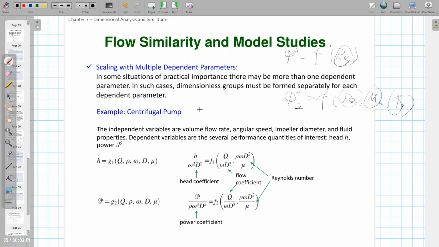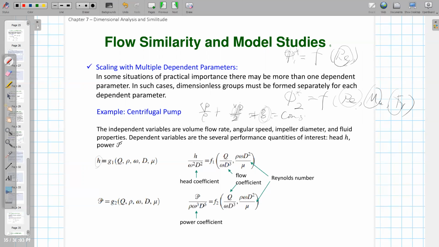Remember that the Bernoulli equation is p over rho plus v squared over 2 plus z equals a constant. So basically you will see that if the velocity is the same, the pressure difference P1 minus P2 can be characterized by Z1 minus Z2. So we can use this length to characterize the increase of the pressure.